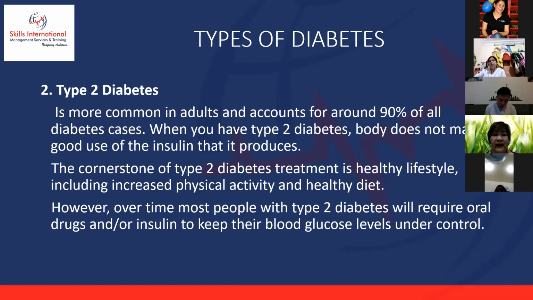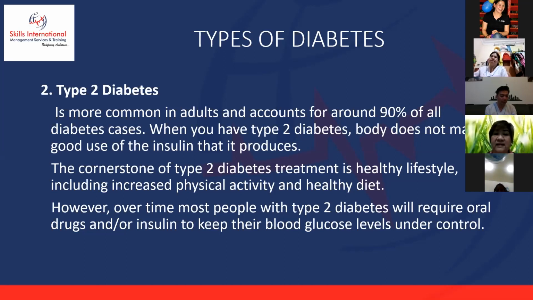However, over time, most people with type 2 diabetes will require oral drugs or insulin to keep their blood glucose levels under control. It is the same with type 1, but type 1 starts from birth, from children up to adulthood.